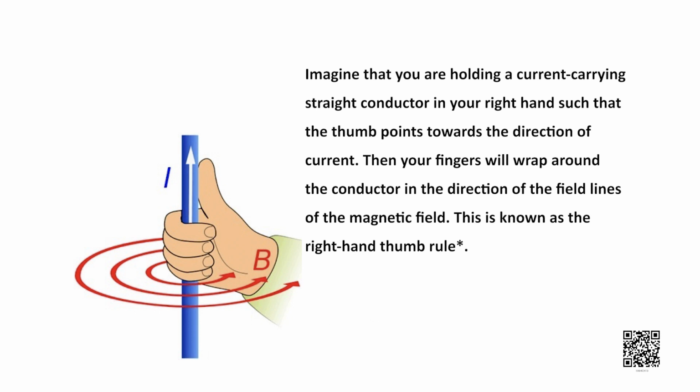Then your fingers will wrap around the conductor in the direction of the field lines of the magnetic field. This is known as the right hand thumb rule.